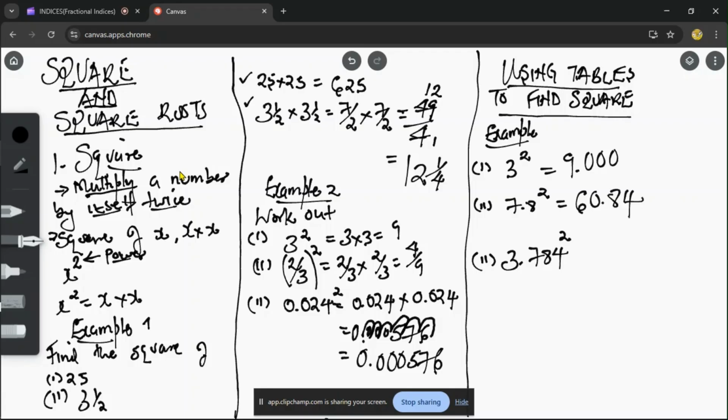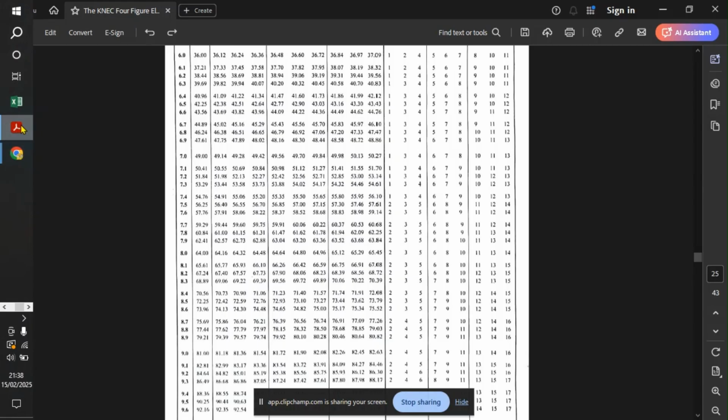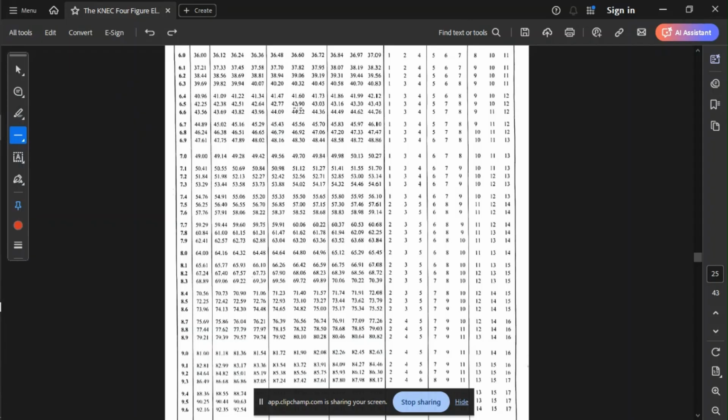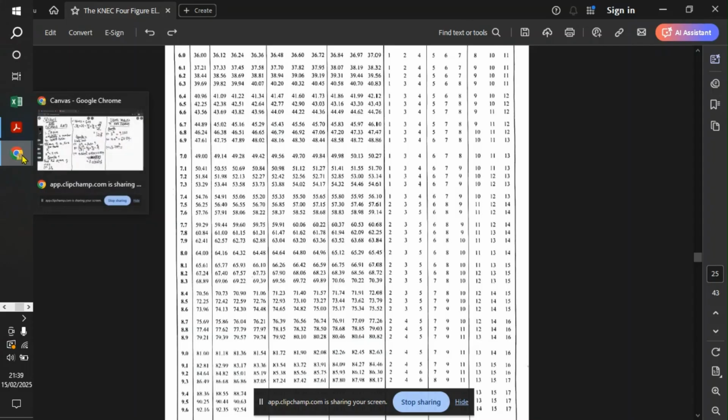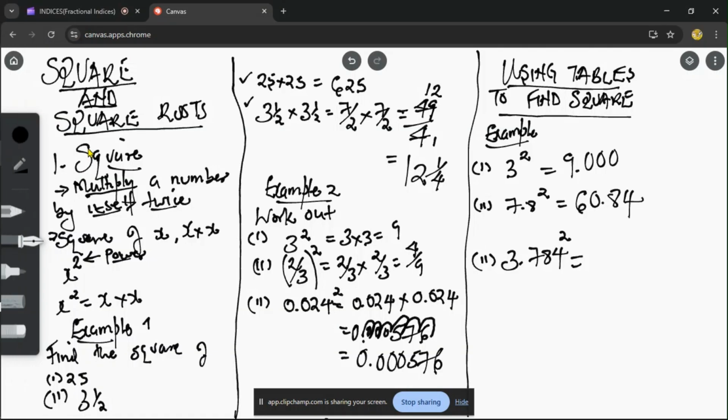What if you have more than one? For example, this one, I have more than one decimal. I will come and do the same thing. Here, I need to be very careful the way I am reading my table. We want to read the value that you have here, which is 3.784.